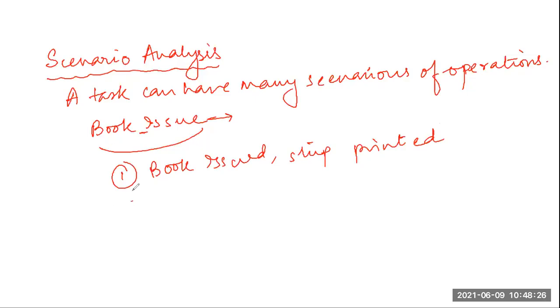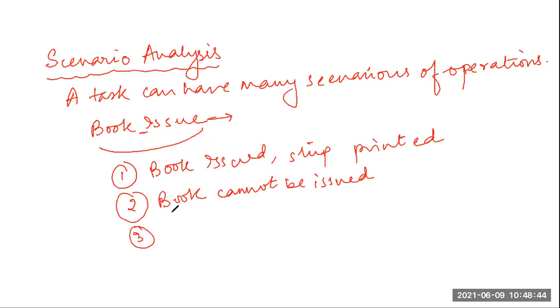Another can be the book is reserved, and hence it cannot be issued to the member. So the book cannot be issued. Fine. Another scenario can be that the maximum number of books which can be issued to the member has already been reached, and so no more books can be issued.